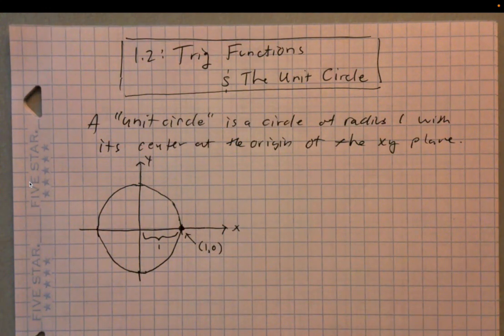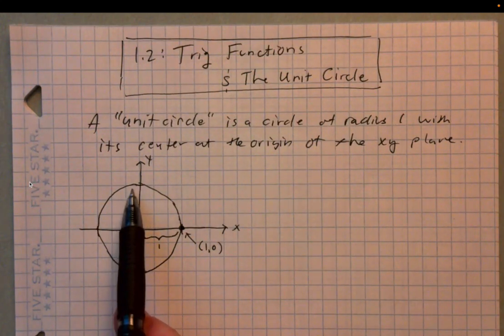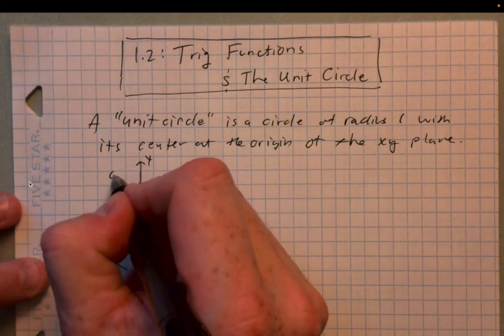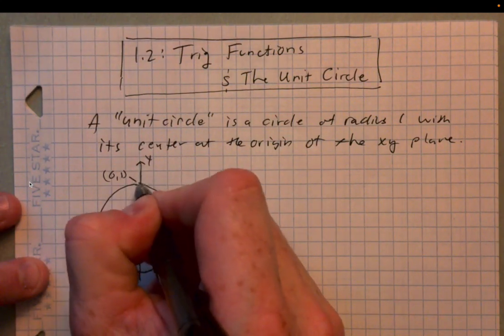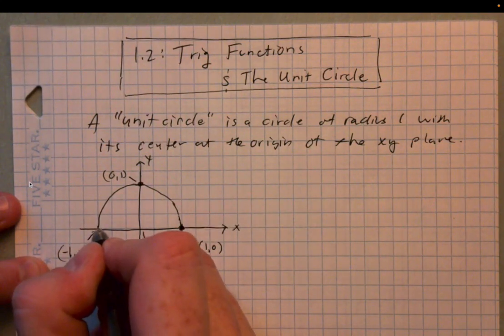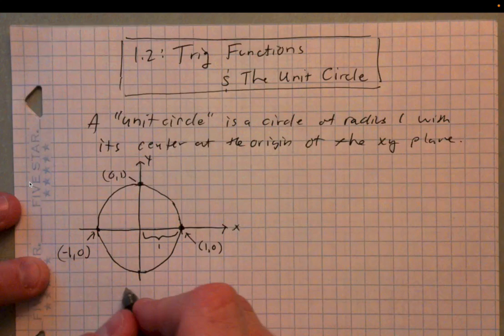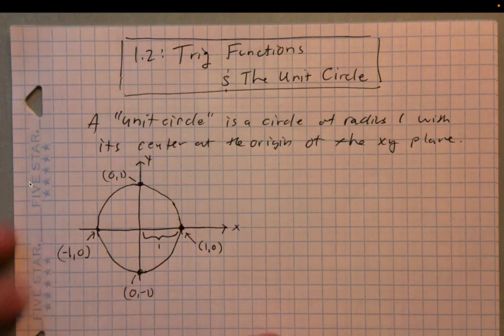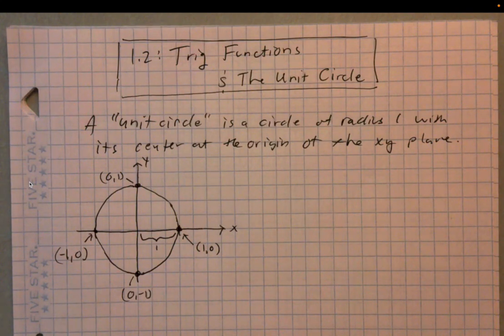Now this point at the top is (0, 1). And this is (-1, 0) over here. And of course this is (0, -1) down below. So this is the unit circle.